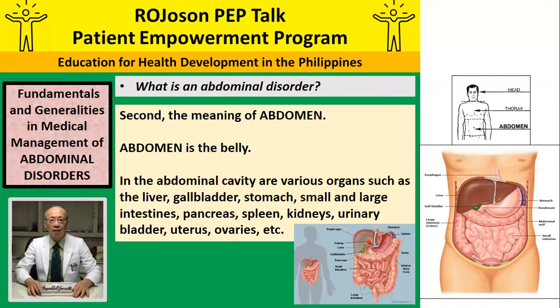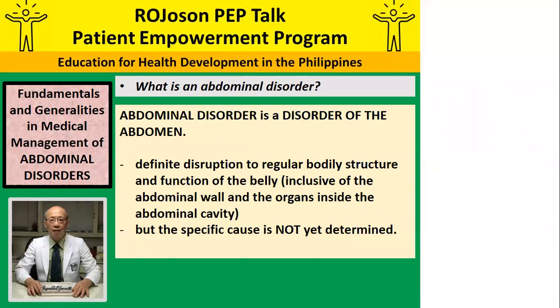In the abdominal cavity are various organs such as the liver, gallbladder, stomach, small and large intestines, pancreas, spleen, kidneys, urinary bladder, uterus, ovaries, etc. So abdominal disorder is a disorder of the abdomen, and it is a definite disruption to the regular bodily structure and function of the belly, inclusive of the abdominal wall and the organs inside the abdominal cavity.